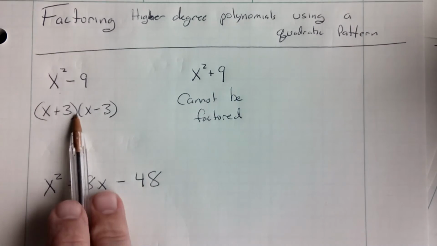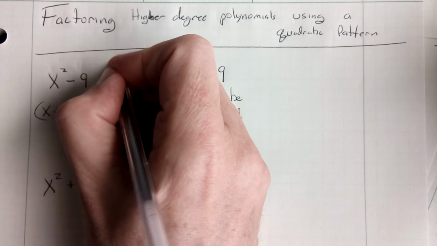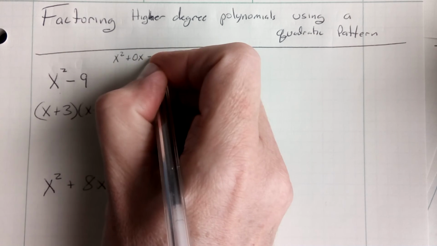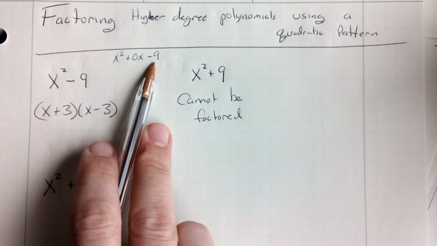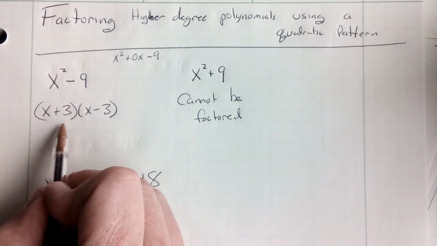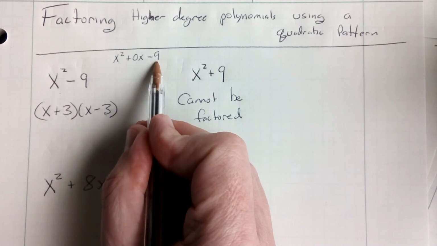If you want to remember, I could think of this as x squared plus 0x minus 9, where I'm looking for two numbers that multiply to give me negative 9, but add to give me 0, or no middle term, right? So positive 3 and negative 3 multiply to give you negative 9, but add to give you 0.